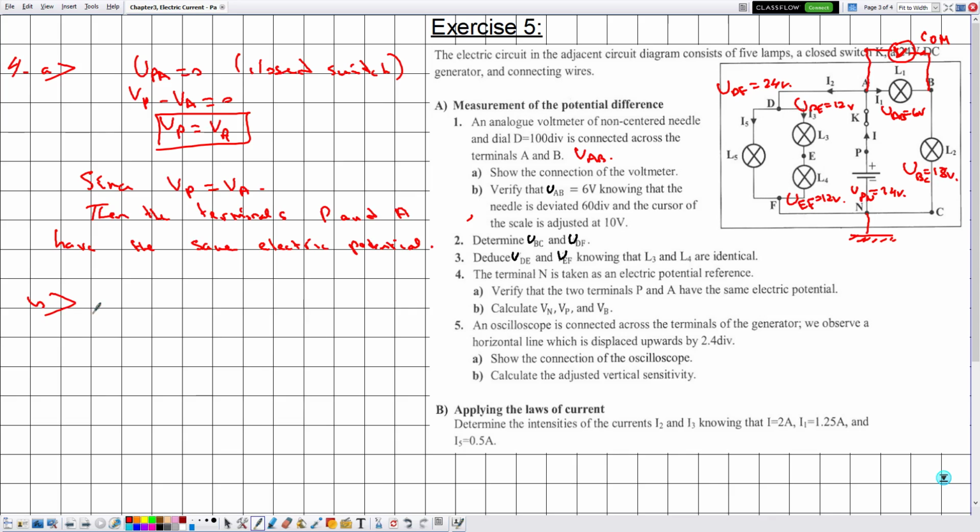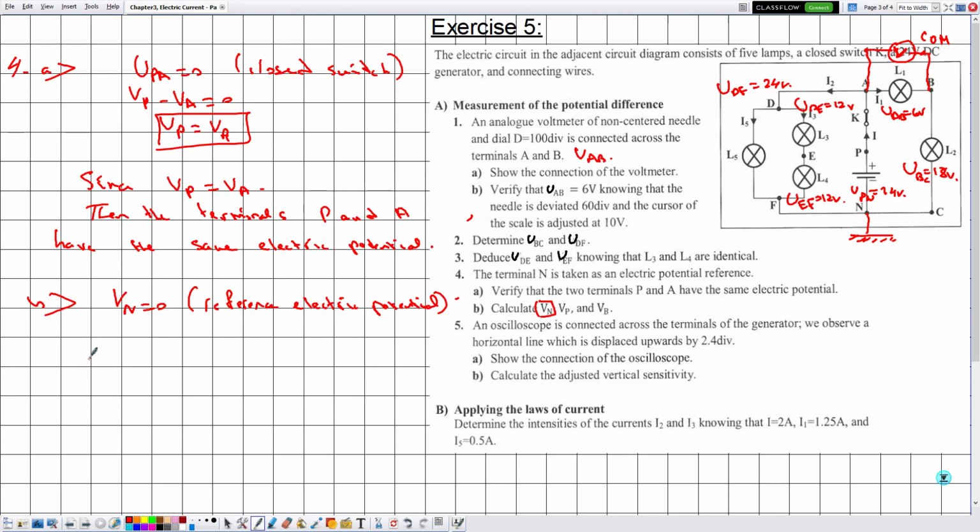Now in part B they are telling me to calculate the potentials VN, VP and VB. Let's start with VN. So VN is equal to 0, and the reason is given by reference electric potential.